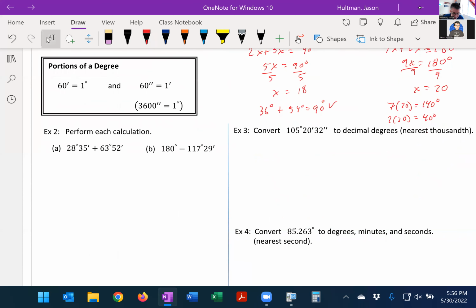Okay, we talk about portions of a degree in terms of minutes and seconds. 1 degree is made up of 60 minutes, and 1 minute is made up of 60 seconds. So there are 3,600 seconds in a degree.